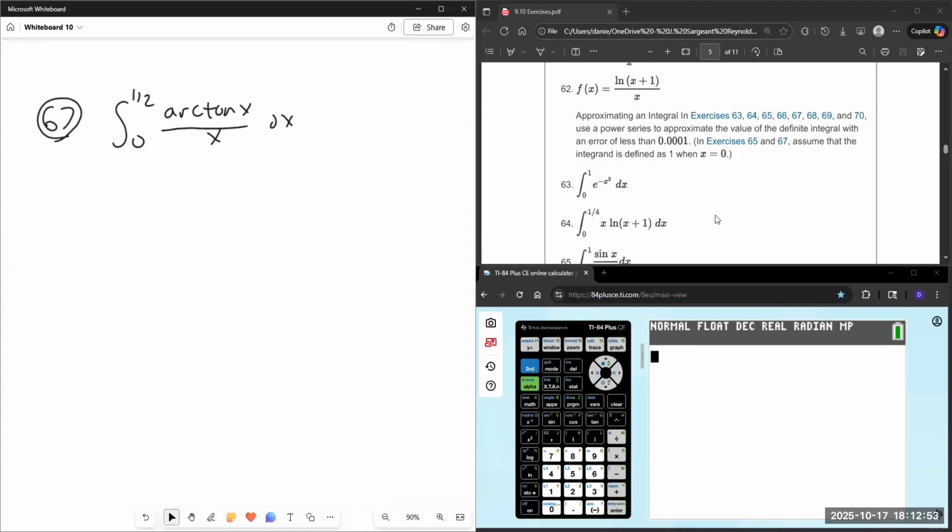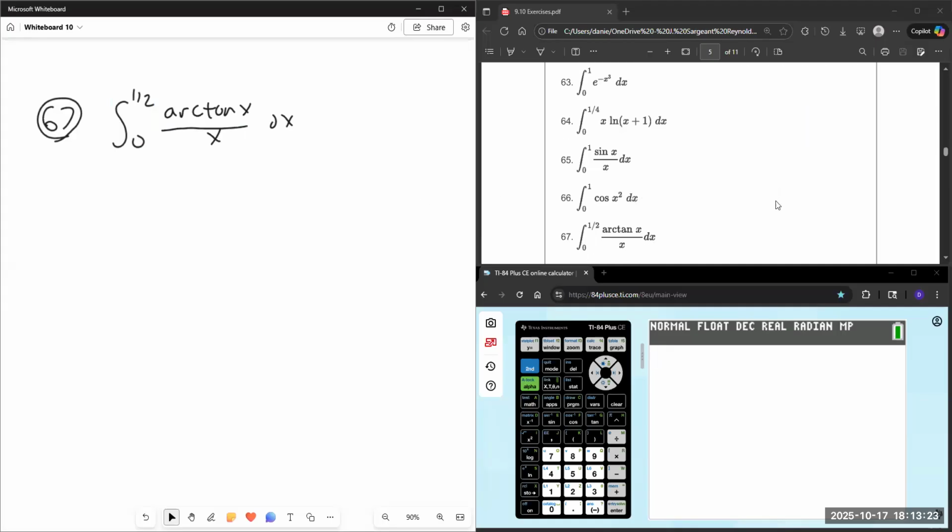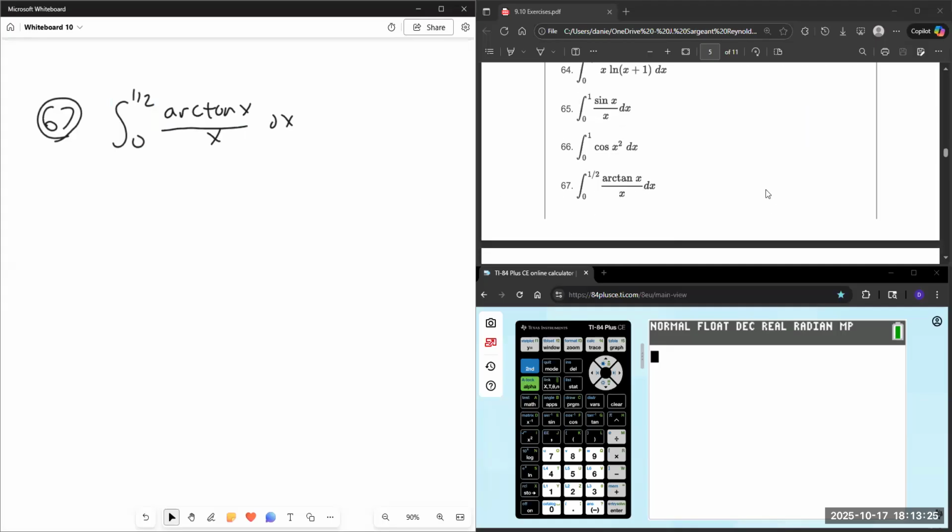And in our exercise 67, so one of the ones with some special instructions, assume that the integrand is defined as 1 when x equals 0. So they're telling us what the limit is there so that we don't have to do an improper integral and say, oh, this would be 0 over 0, and I would need to be getting close to 0 from the right here. They're just helping us out there by telling us that.